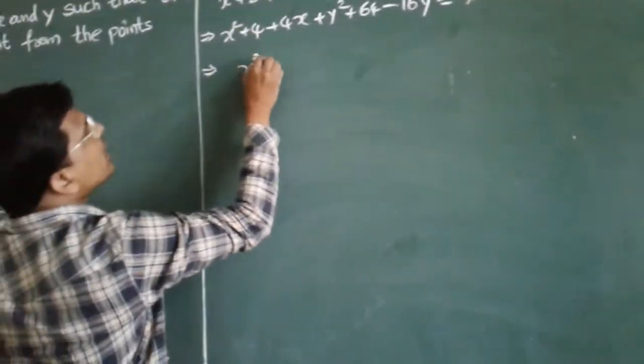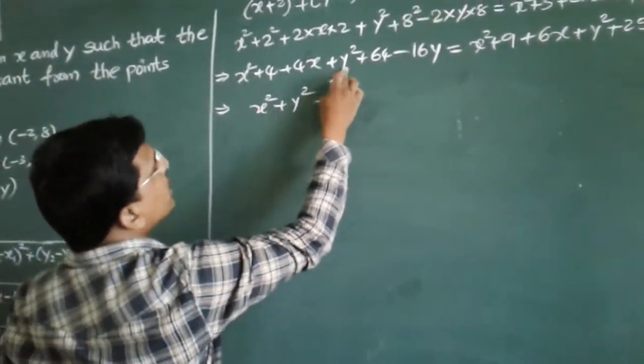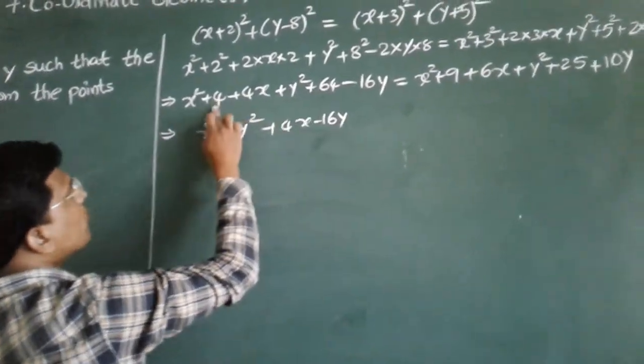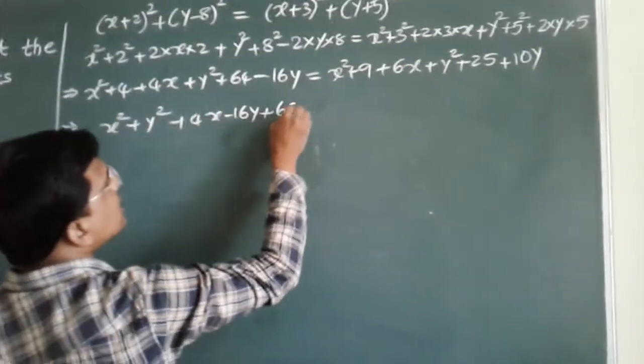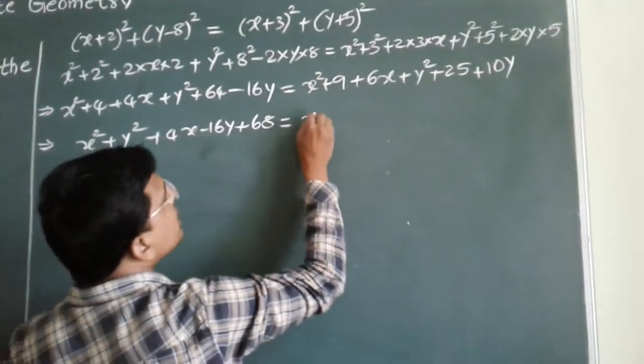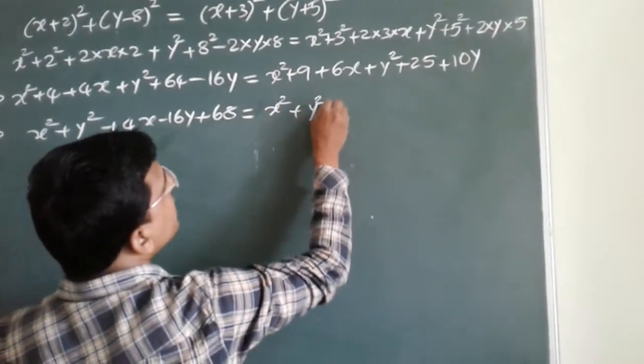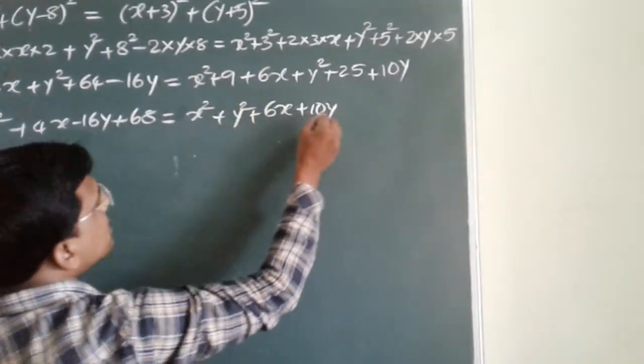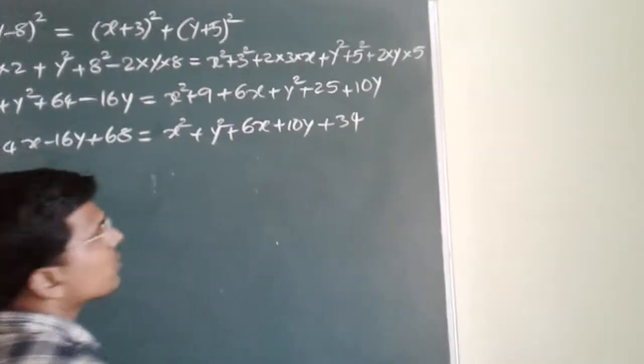Okay, again we make it simplified. So x square plus y square plus 4x minus 16y plus 64 plus 4, 68, is equal to x square plus y square plus 6x plus 10y, 25 plus 9, 34.